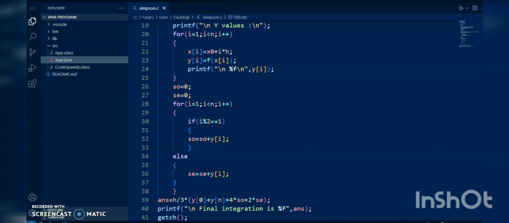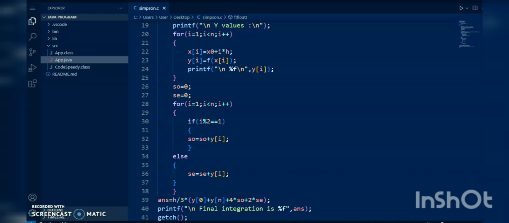Then for i equals 1, i plus plus, x equals x0 plus i times h; this is the array. y[i] equals f(x[i]), which means I recall the function, and printf %f. Then the odd terms.